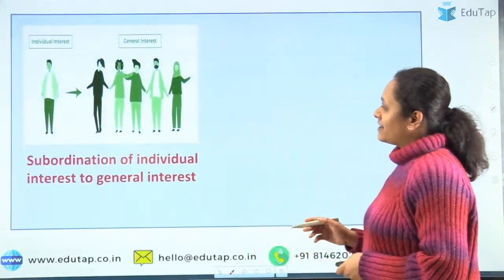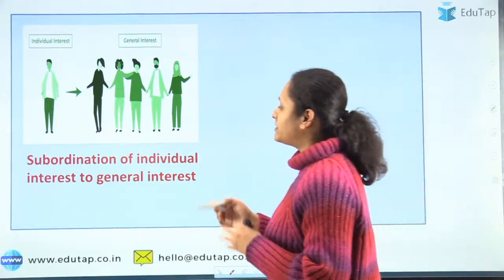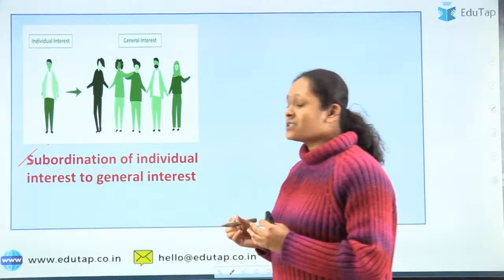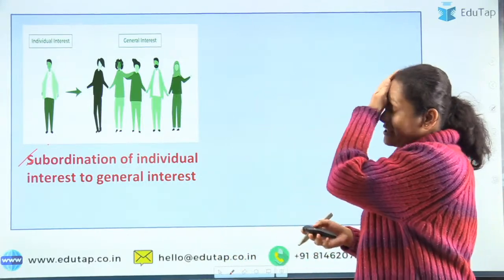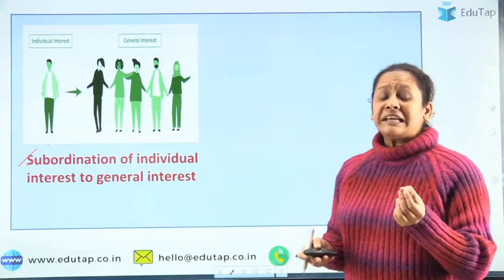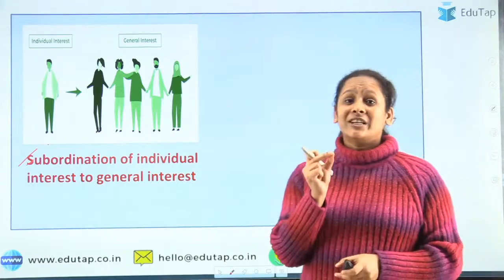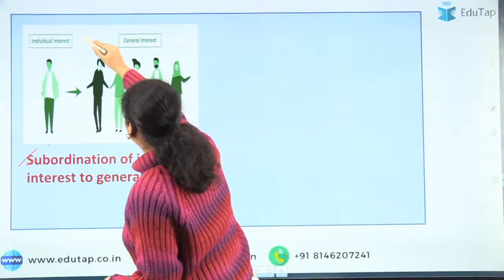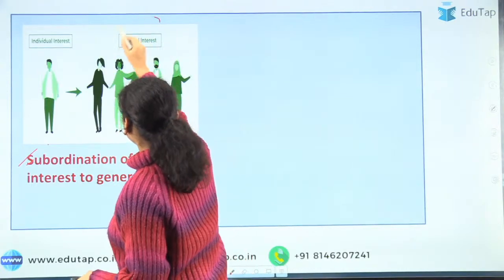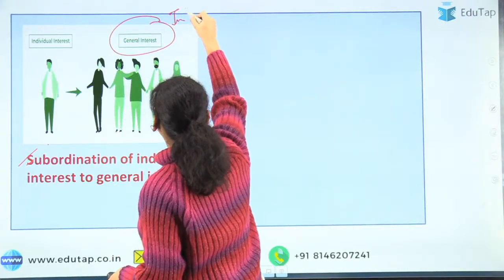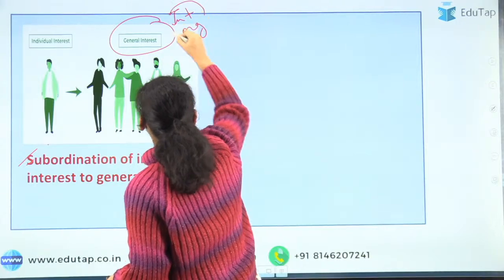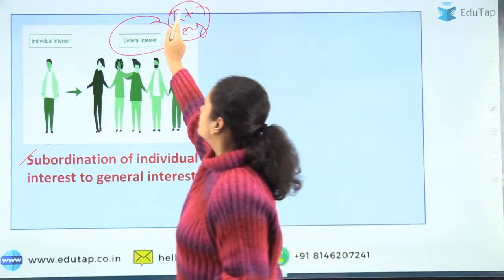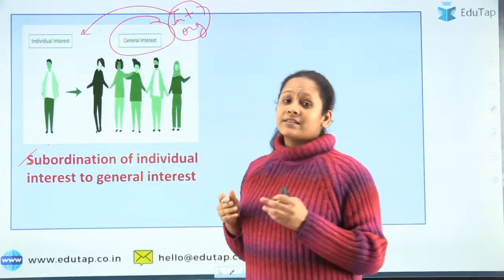Now let us understand the next principle. The next principle speaks about subordination of individual interest to general interest. What does this mean? It simply means that a manager has to ensure that the interest of the organization is given more weightage in comparison to the individual interests of the people.